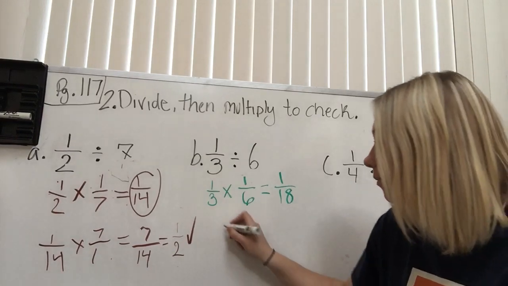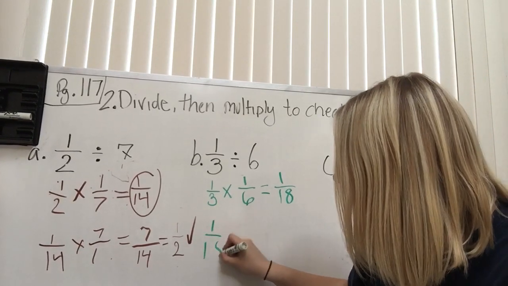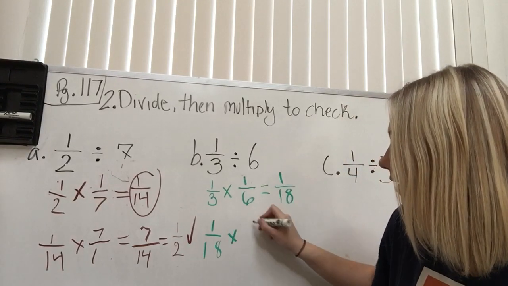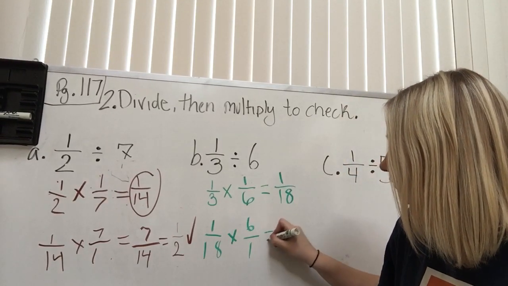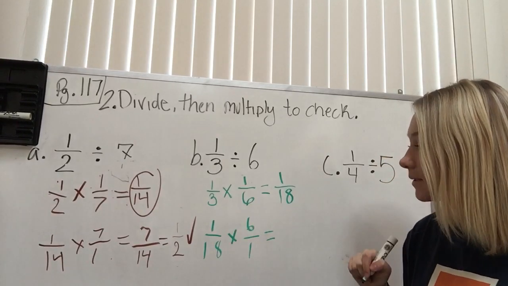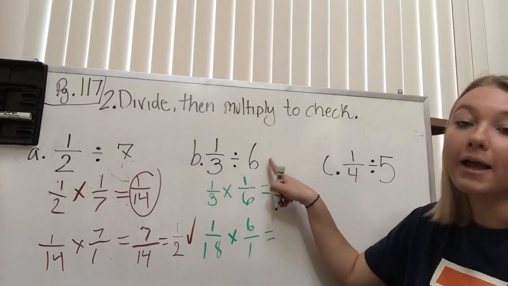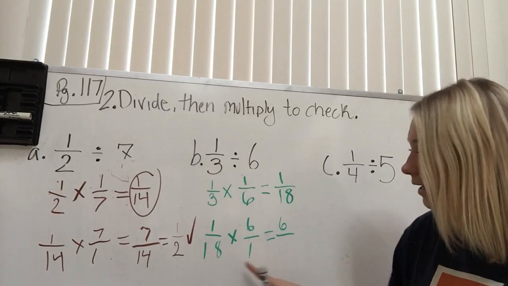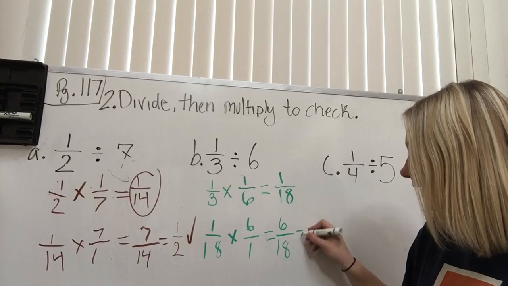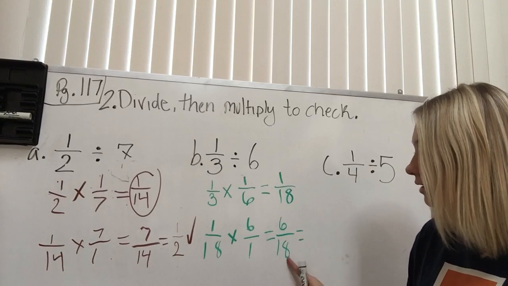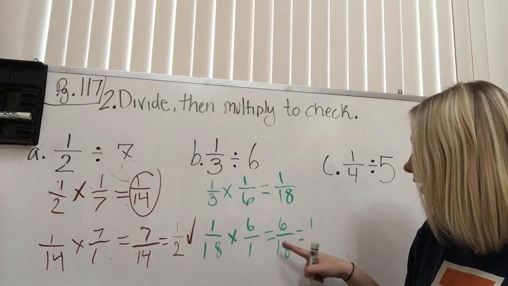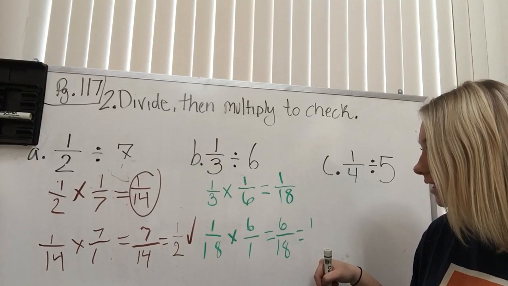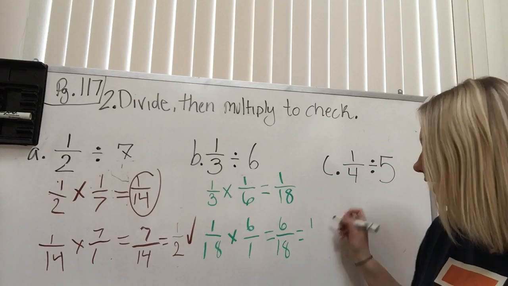So now to check, I'm going to take my answer, 1 over 18, and multiply by 6 over 1, our second factor. 1 times 6 is 6, and 18 times 1 is 18, and that simplifies. 6 goes into 18 3 times.